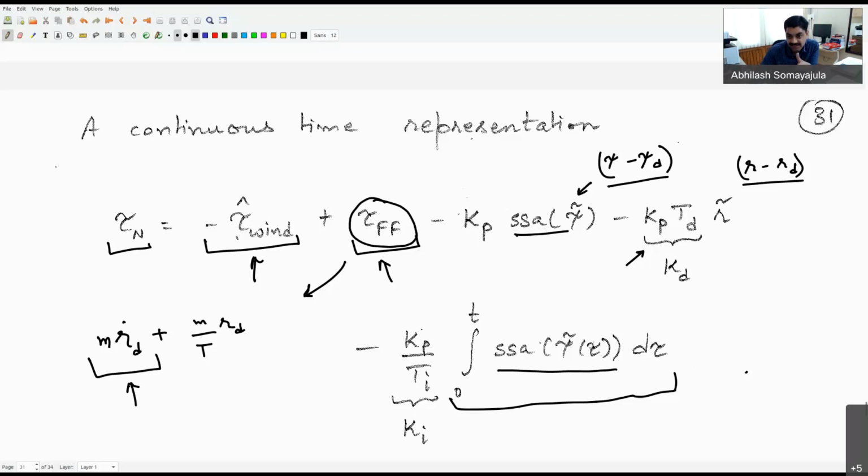You can't put it anywhere in your regular PID terms. So if I have a changing course and I want to make sure that the system is stably tracking that, then I'm using this feed forward term to ensure that in the absence of any disturbances, naturally the system will try to reach the path that I want it to follow.